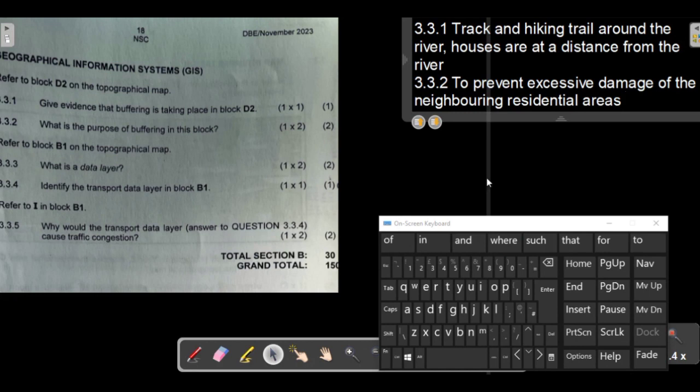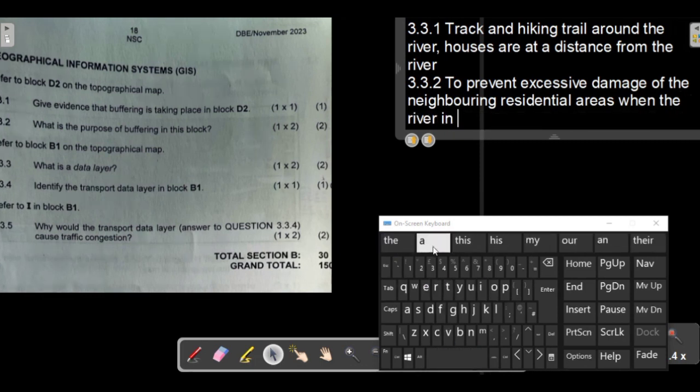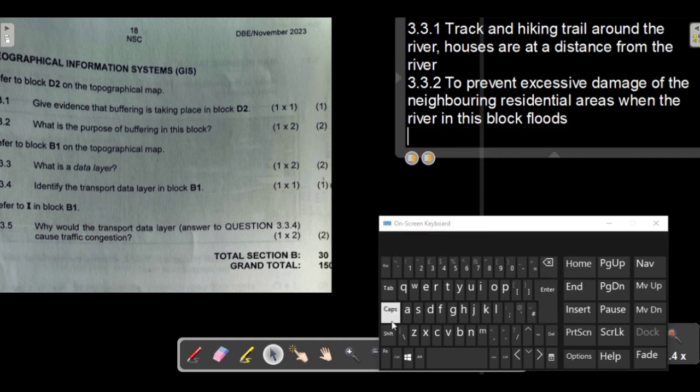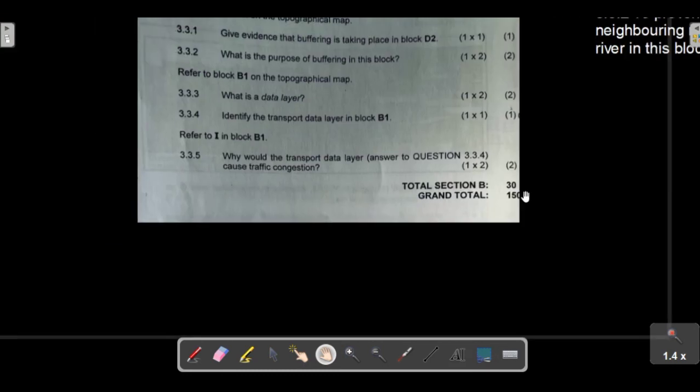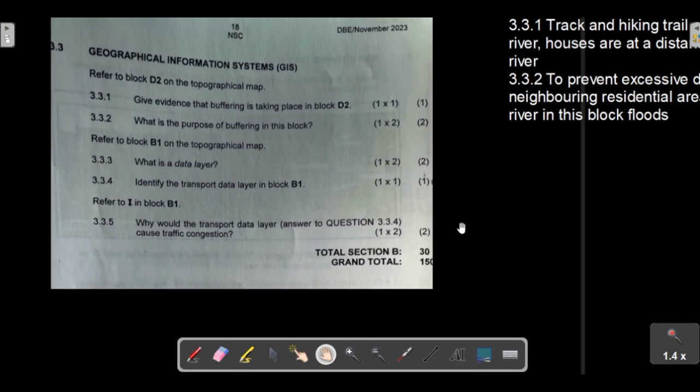of the neighboring residential areas, when this river floods, when the river in this block floods. Okay, before, refer to block B1 on the topographical map.